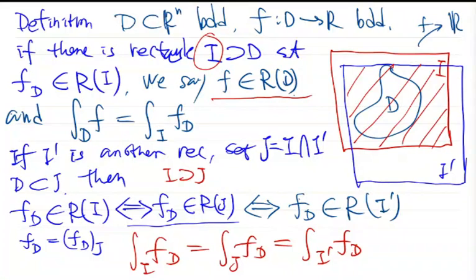So the value of the integral also does not depend on the choice of the rectangle I. So this justifies our definition of integrability of F over D, and also justifies defining the integral of F over D to be the integral of its zero extension over a rectangle containing D. Okay.